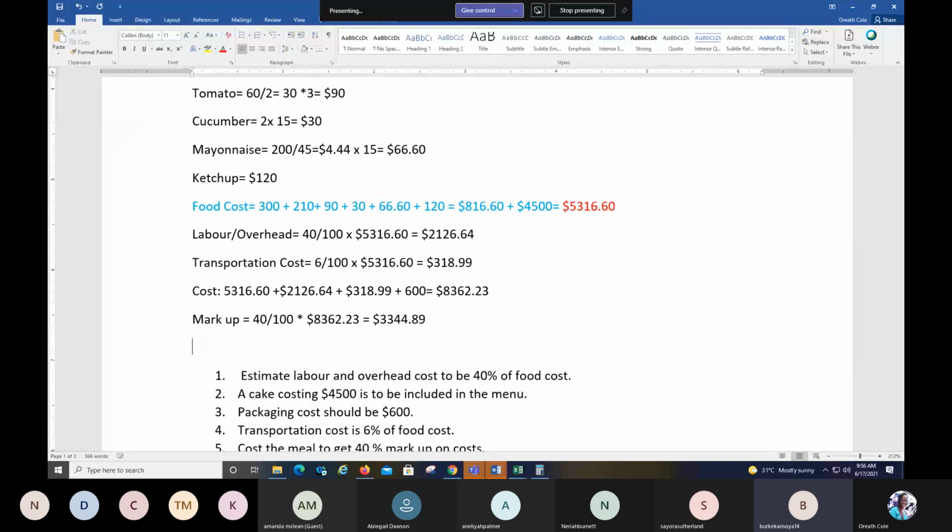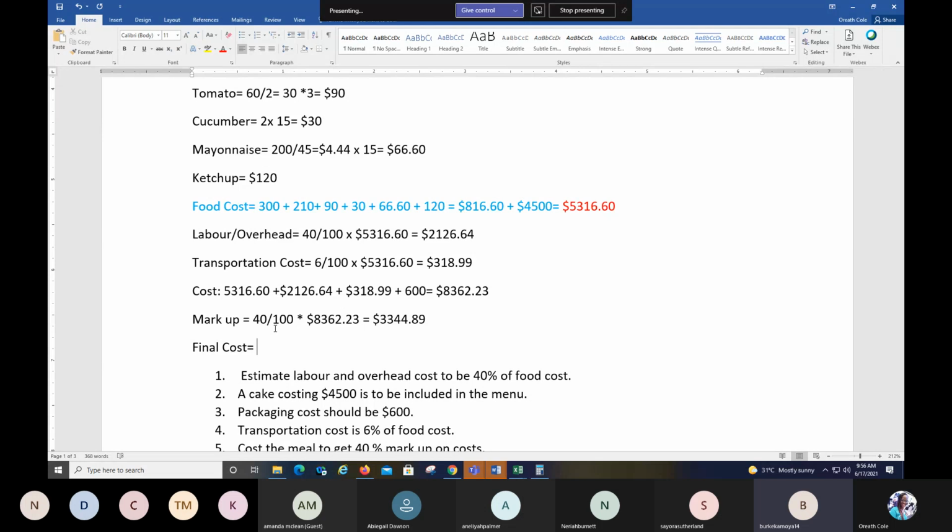All right, good. So we need to know what is our final cost, because we found the markup. So how are we going to find the final cost? Miss, you're going to add the cost and the markup cost. Excellent.